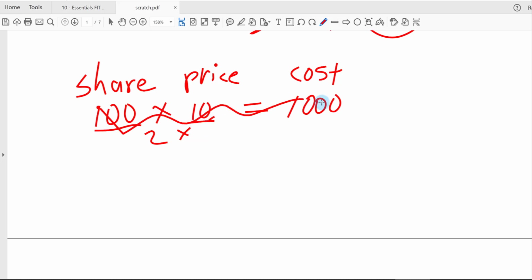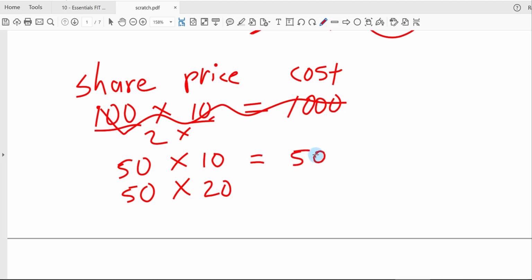But let's say that you have 100 shares, of which 50 was bought at 10, and then later on you bought another 50, let's say at 20. So total cost of 500, total cost of 1,000, grand total of 1,500.